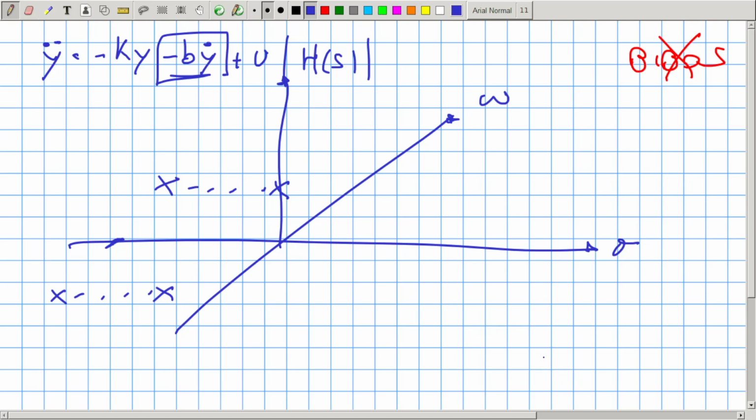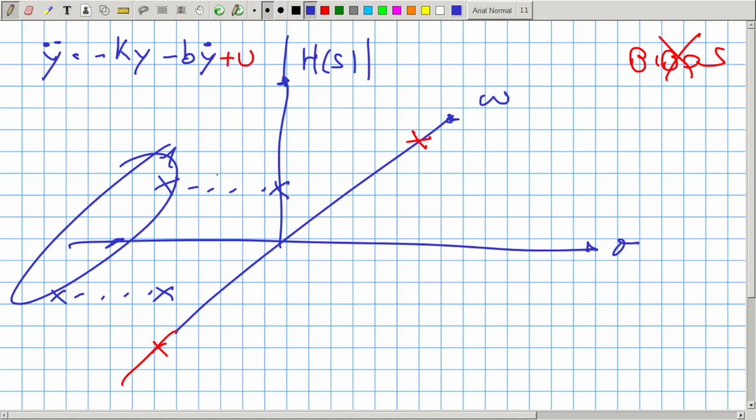We are together. Now, let's assume that my U, from a Laplace perspective, is this U here. Okay, together. And then I've got system 1 and system 2.